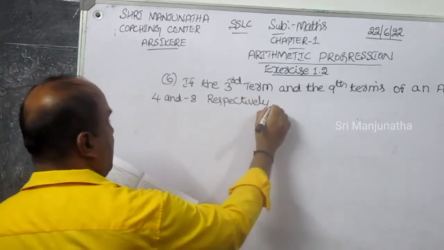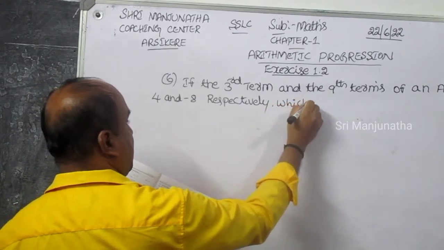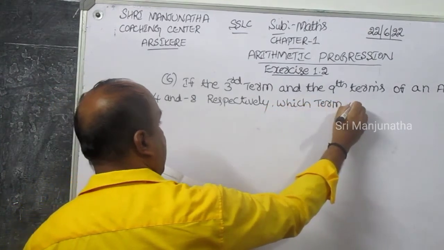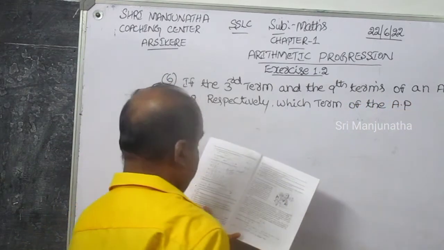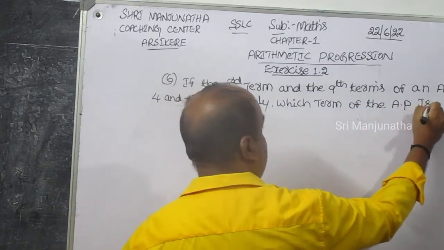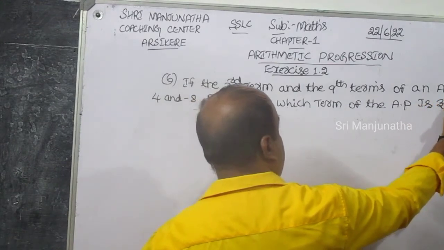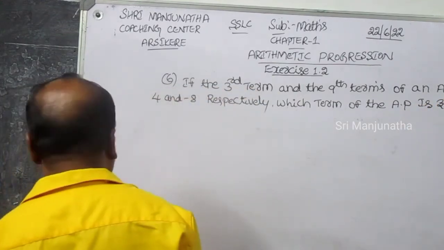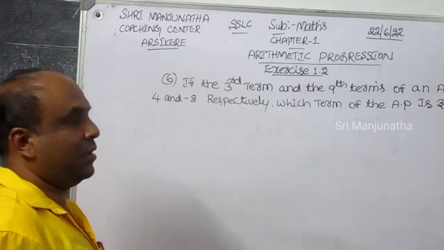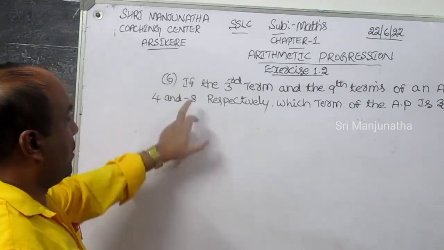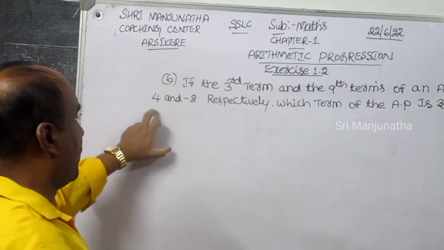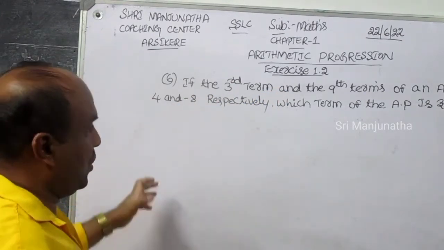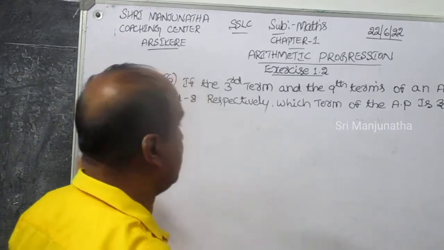which term of the AP is 0? That is the problem. Once again I will read it: if the third term and the ninth term of an AP are 4 and minus 8 respectively, which term of the AP is 0?